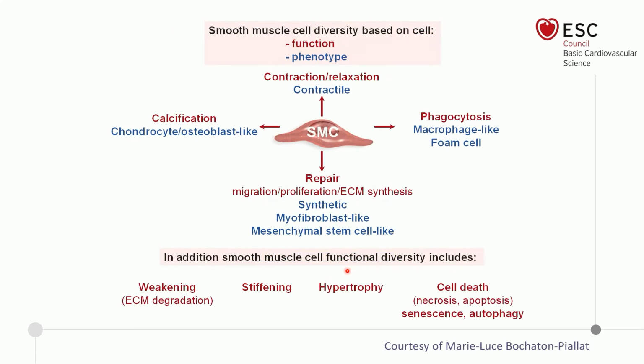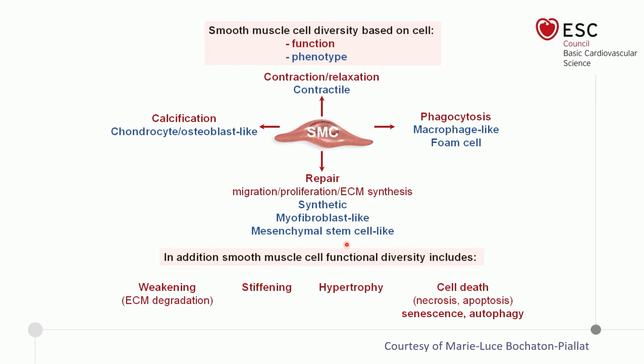The traditional classification is based on function in red and phenotype in blue. For example, contraction and relaxation define the contractile phenotype, whereas the functions of repair, migration, proliferation, and extracellular matrix synthesis define the synthetic, myofibroblast-like and mesenchymal stem cell-like phenotypes.